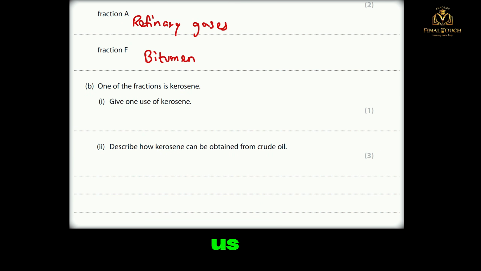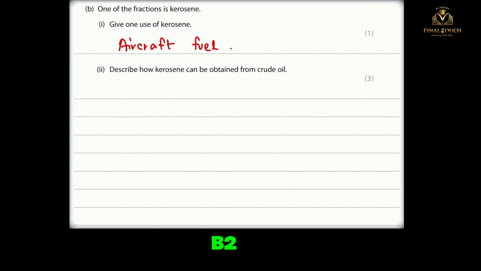Part B1 tells us one of the fractions is kerosene. Give one use of kerosene. So definitely we use kerosene for aircraft fuel. B2 tells us describe how kerosene can be obtained from crude oil. So to obtain kerosene, crude oil is heated at first.